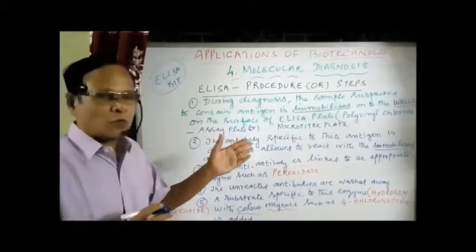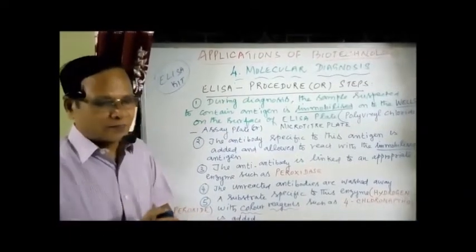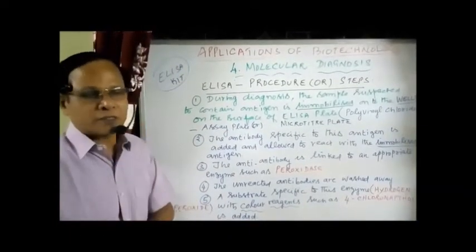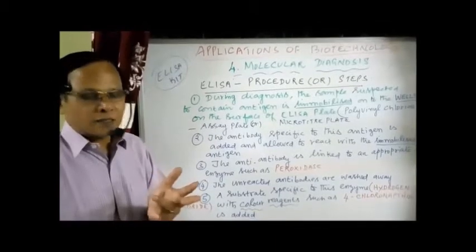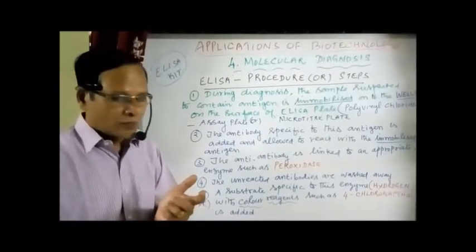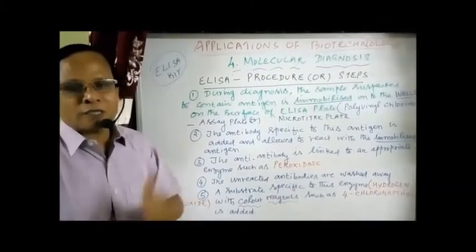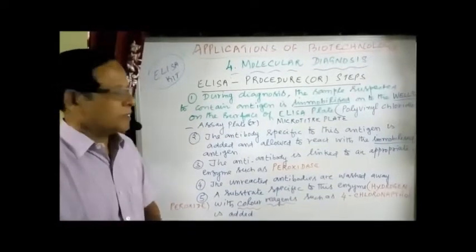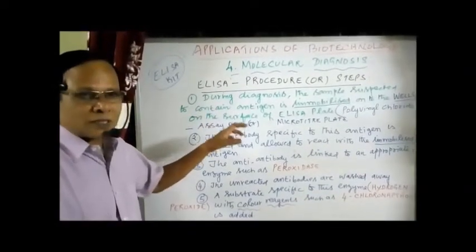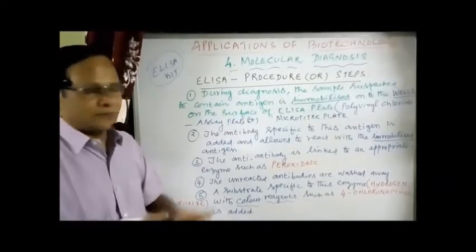I am describing only the direct ELISA, because there are four types of ELISA: direct, indirect, competitive and sandwich ELISA. I will explain them separately. Here I am talking about the procedure adopted in the book, the direct ELISA.